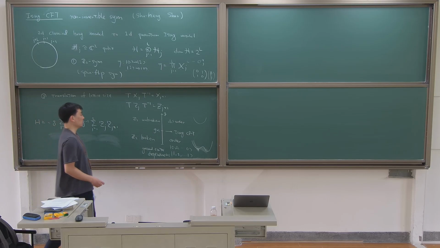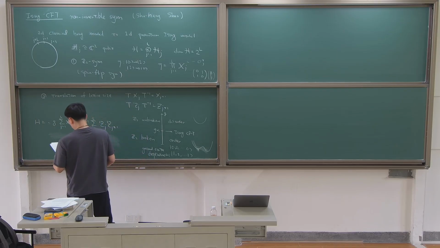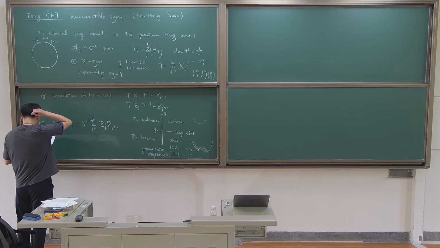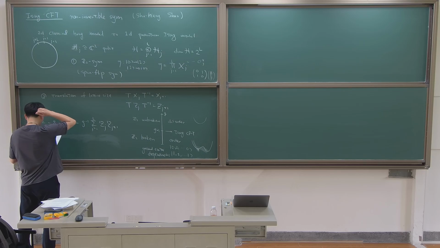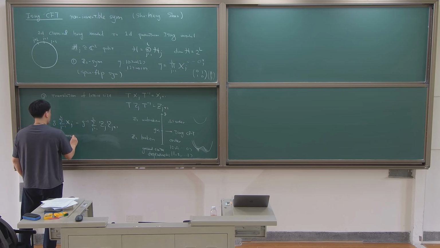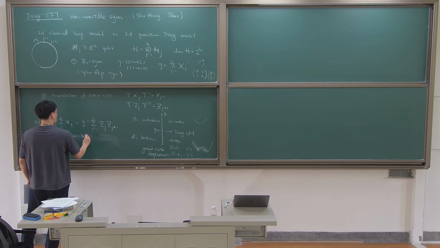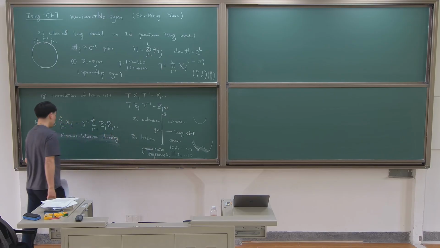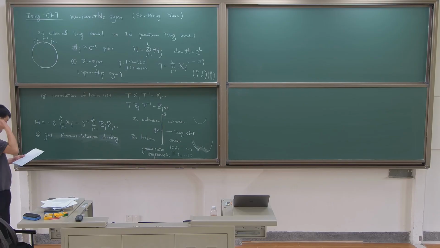And then we know that at g equal to 1, something special happens. I think CFT will show up, and there is the so-called Kramers-Wannier duality.